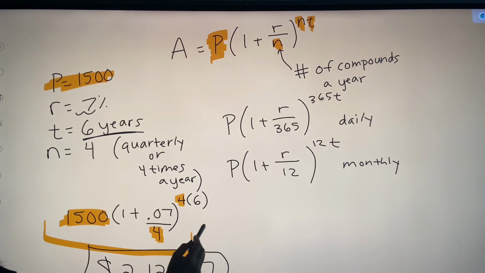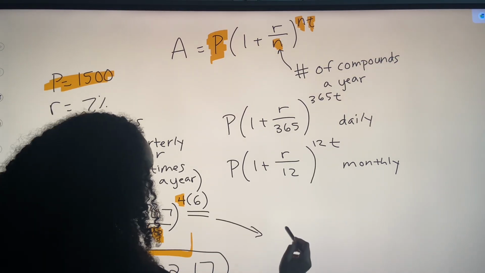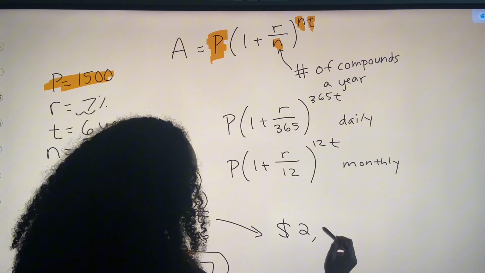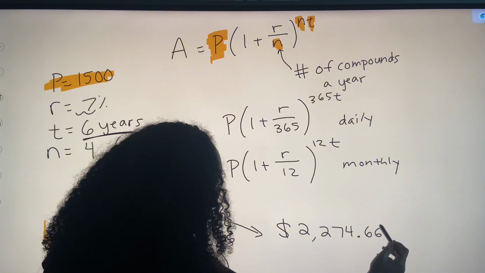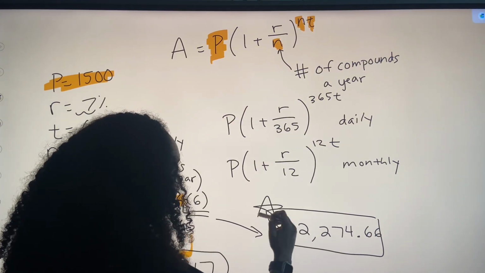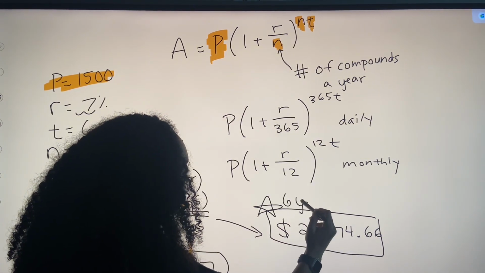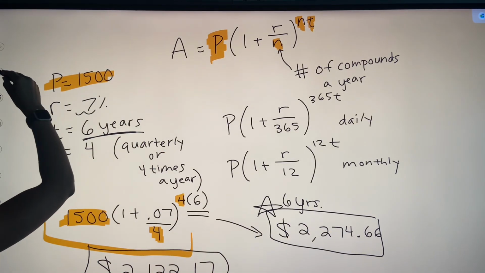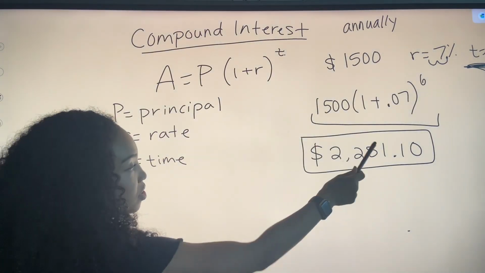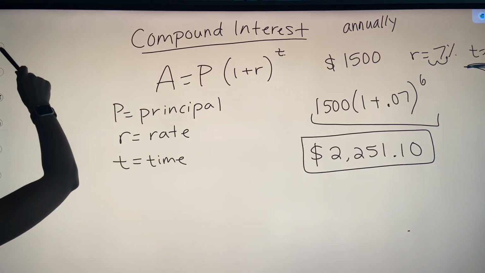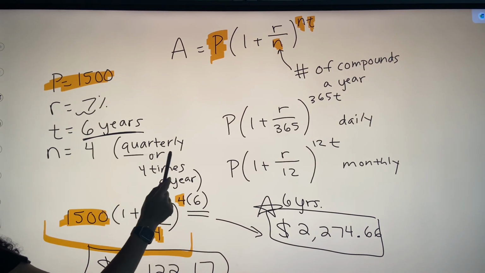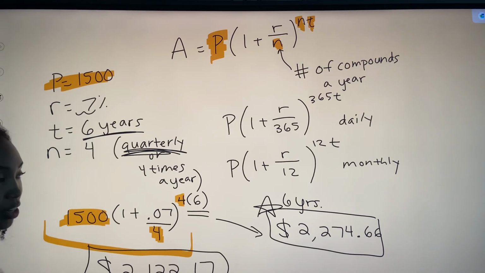Ethan, when you did that for 6 years, how much money did you get? 2,274.66. Nice. Okay, so if we compare this value of 6 years, and this value of 6 years, we got $20 more, roughly. So if you compound it quarterly, instead of just one time a year, you'll have more money. All right, so guys, that's that formula.